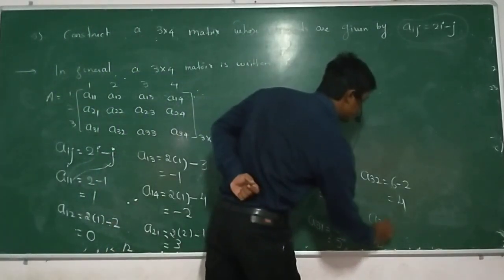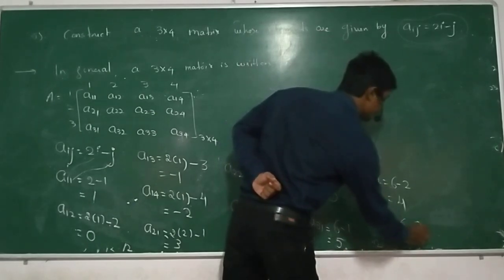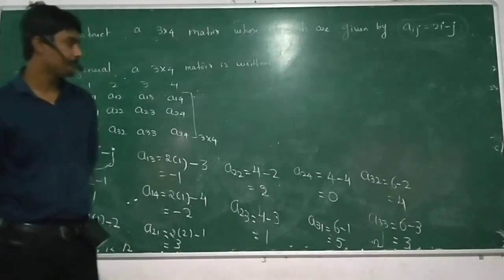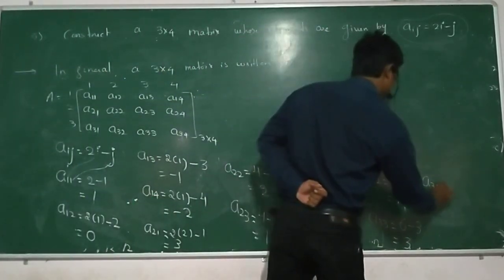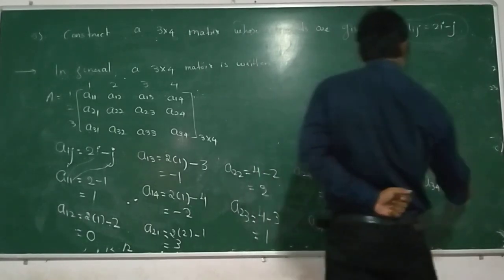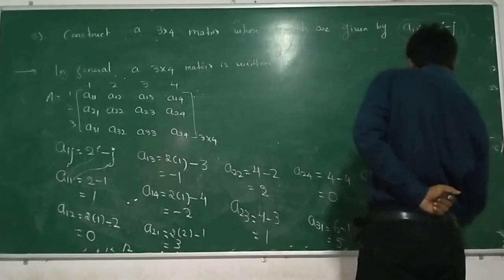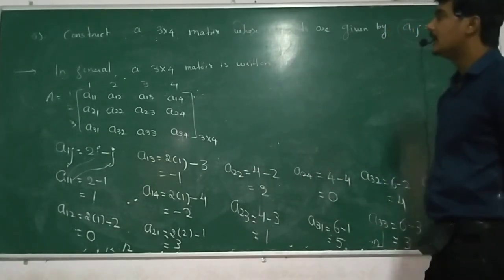A33: i value is 3, 2 3s are 6, minus 3, 6 minus 3 is equal to 3. A34: i value is 3, 2 3s are 6, minus j value is 4, so 6 minus 4 is 2. So we have found all the elements.